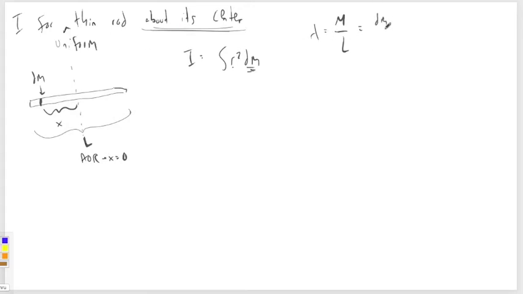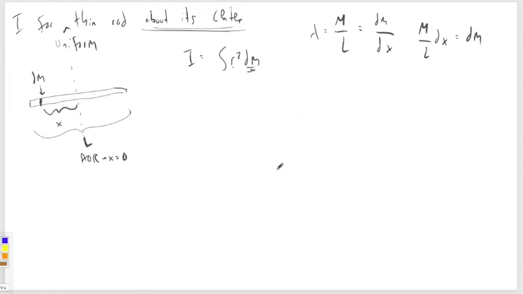So a little mass over a little L is going to be the same ratio. But a little piece of length is just going to be dx, right? So I can say that, rearrange it, and say that m over L dx equals dm, right?